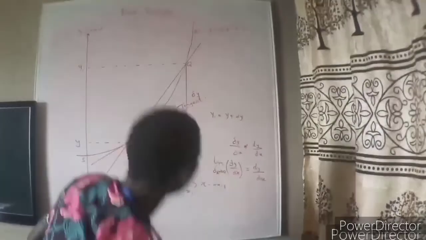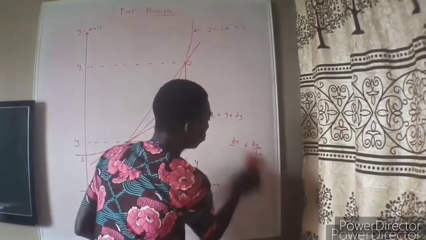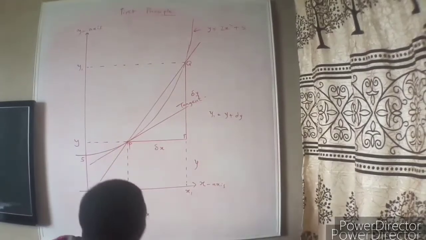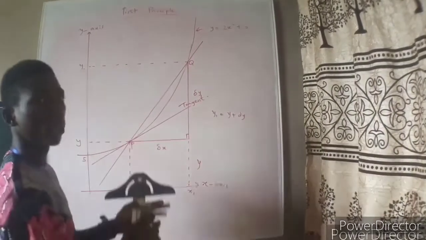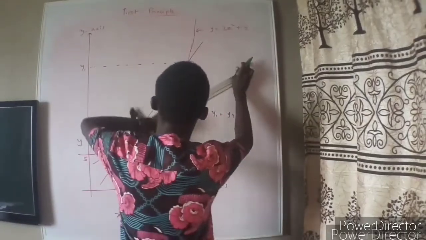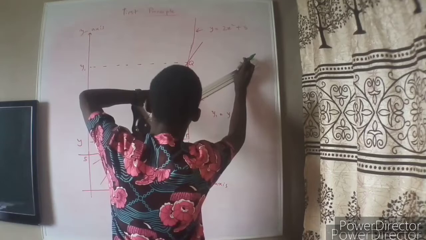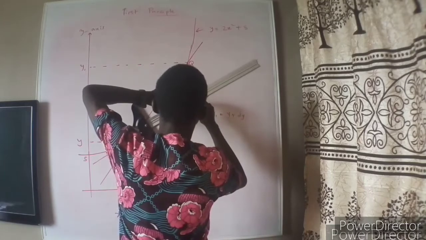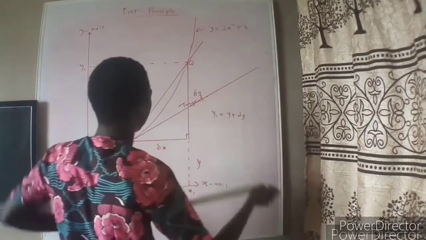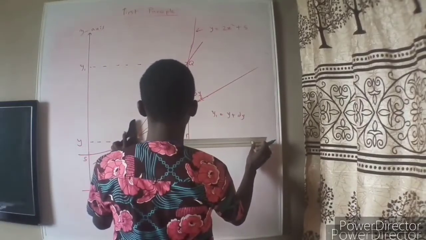The reason I'm saying this is because I want to bring the dy/dx into this graph now. I want to introduce it. Now, okay, that is the tangent. Now, let us elongate this, so we can get to understand what I'm trying to talk about. Okay, so let's elongate this also.